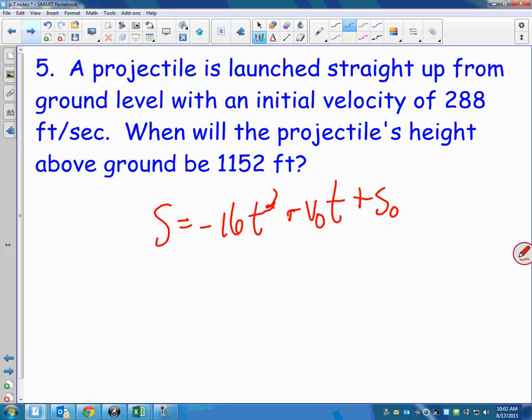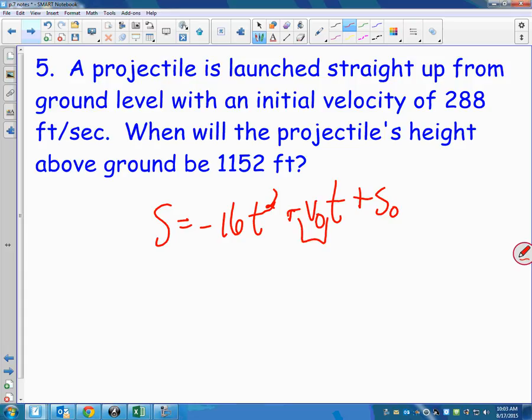You have to know what it represents, and you have to know how to plug in the values. So an initial velocity of 288 feet per second, where does that 288 go? For which letter? Initial velocity is v sub 0.